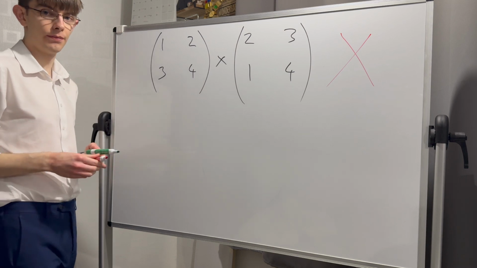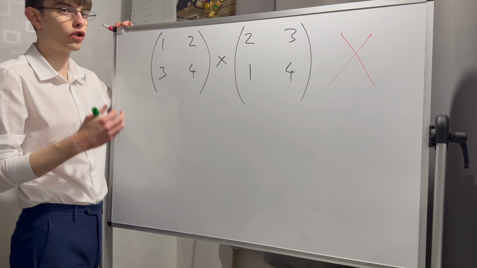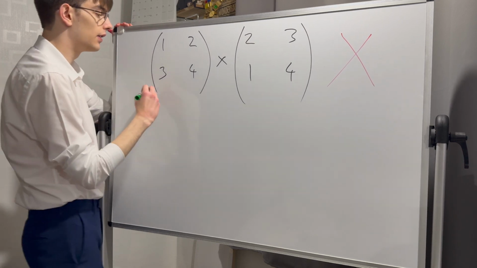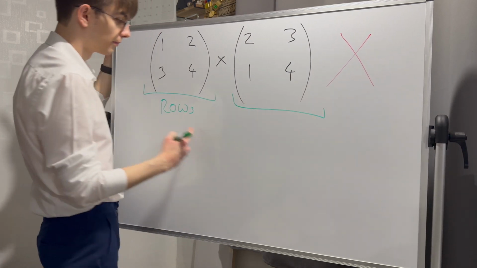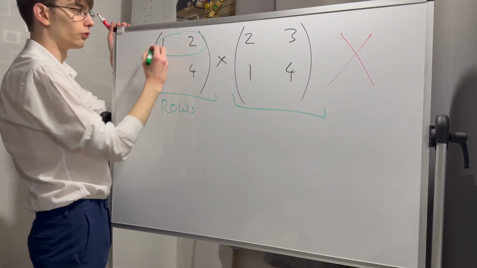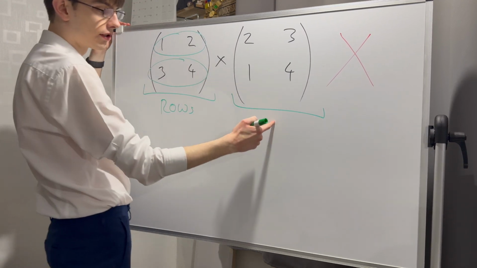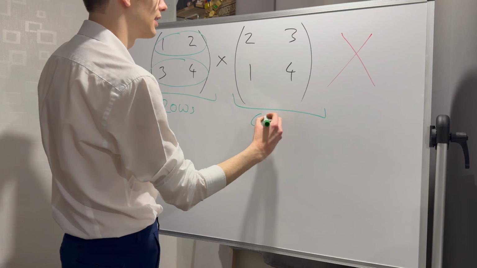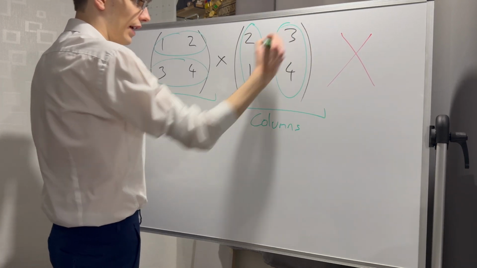What we need to do is separate each matrix into 2 components. The left matrix gets separated into rows. So that is a row and that is a row. And my second matrix gets separated into columns. That is a column and that is a column.